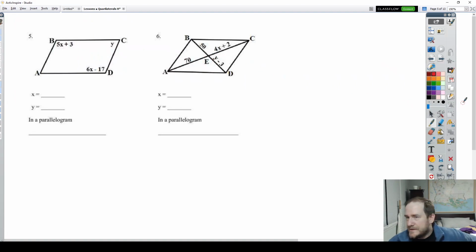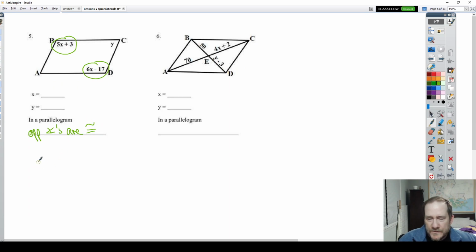Here's 5 and 6. 5 should be straightforward, even a little redundant because we've already done it. But I see an angle and an angle. I see that they're across from each other. That tells me they're congruent. So we're using the rule again where in a parallelogram opposite angles are congruent. So you'll take your 5x plus 3.